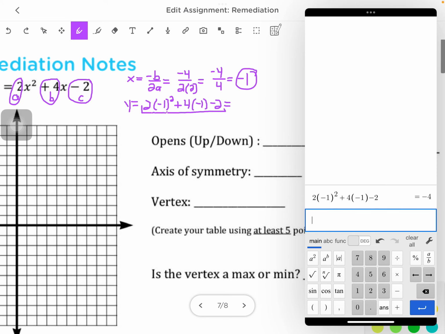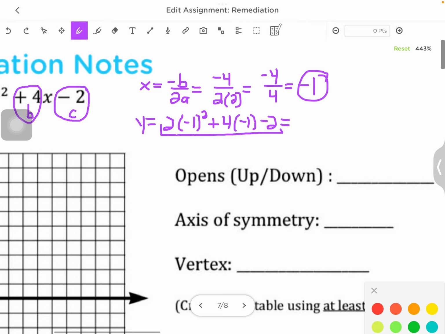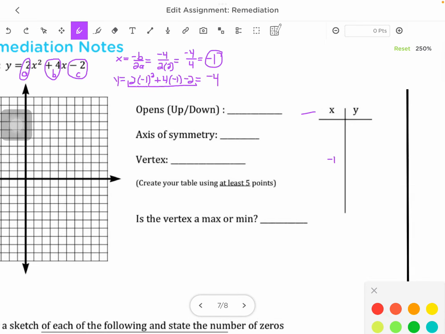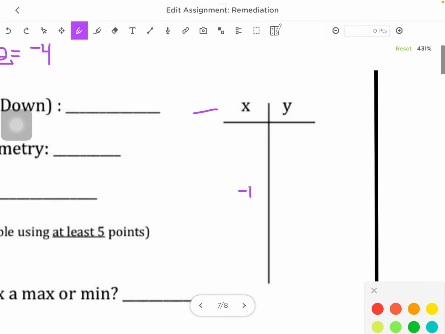Okay, so I'm getting a -4 as an output. That means I can go to my table and put that the output of -1 is -4. Now I can put in the numbers that surround -1.